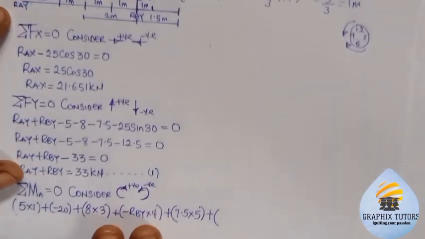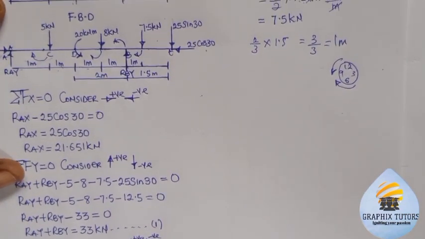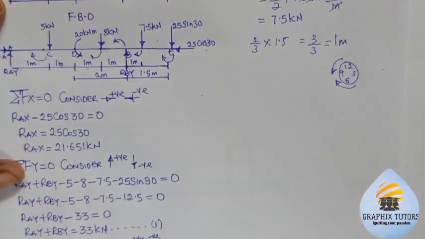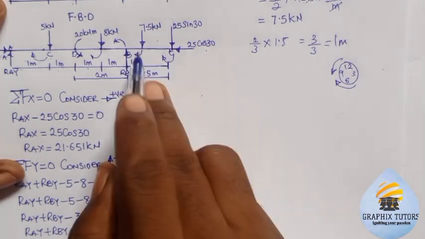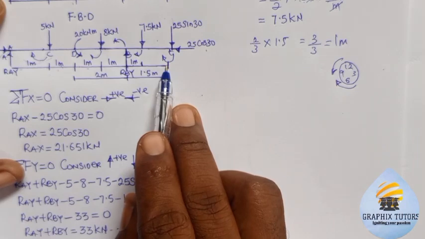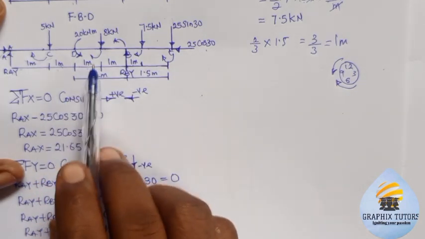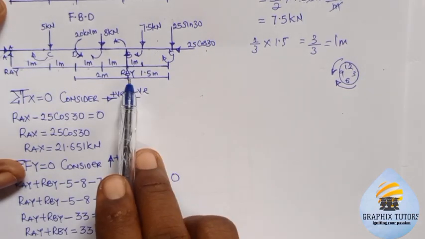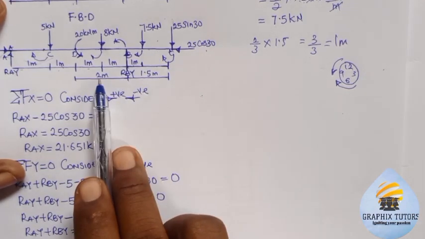Let's see the next one here. We have this coming in this direction also. That is 25 sine 30, which is positive. It's going clockwise. So 25 sine 30 is 12.5, right? So from here it will now be 1.5. From here to here is 1.5 plus 2, 2.5, 3.5.